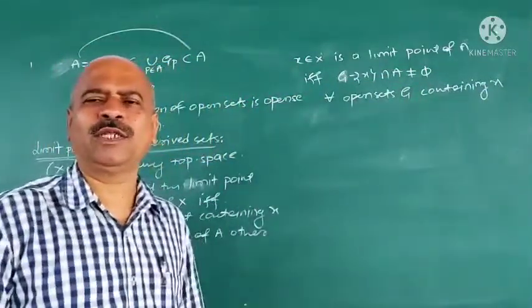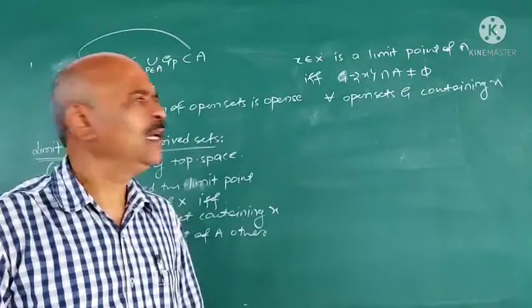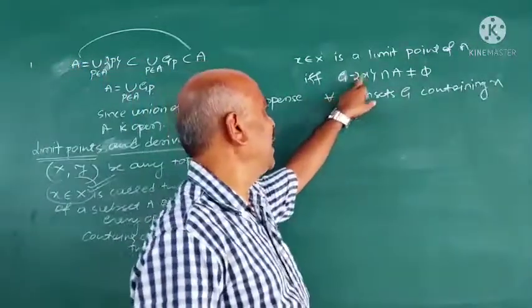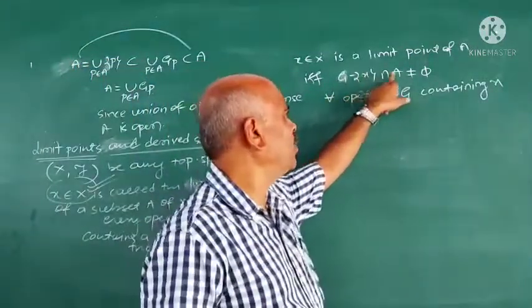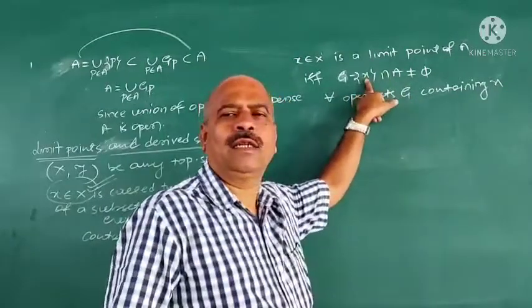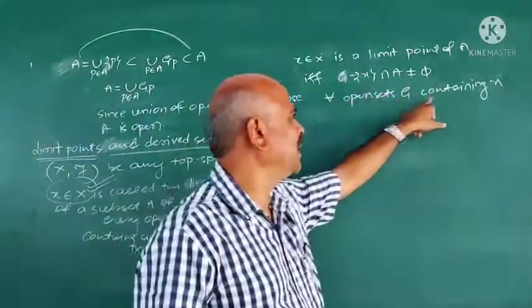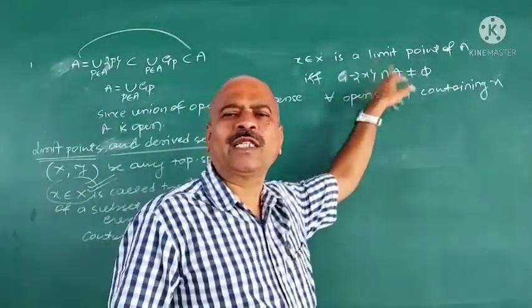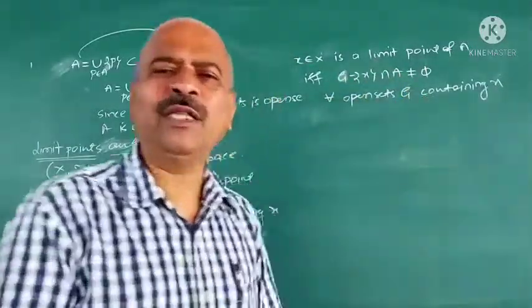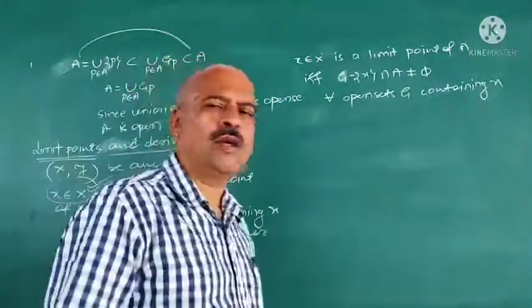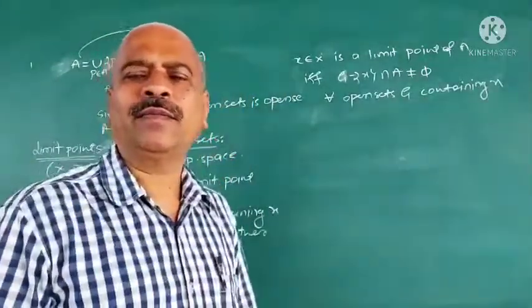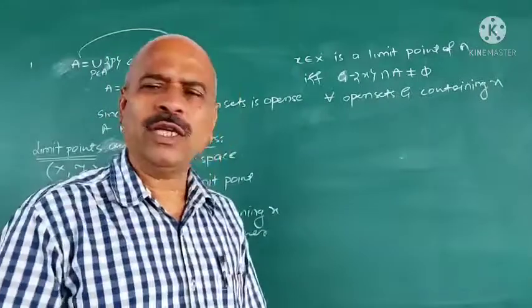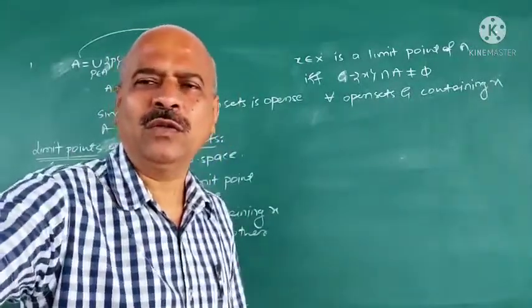What is a limit point of a set? Every open set containing X contains a point of A other than X. G is the open set containing X, and G minus X intersection A not equal to empty set means G contains a point of A other than X. That is the definition. I will give the examples in the next video. Thank you.